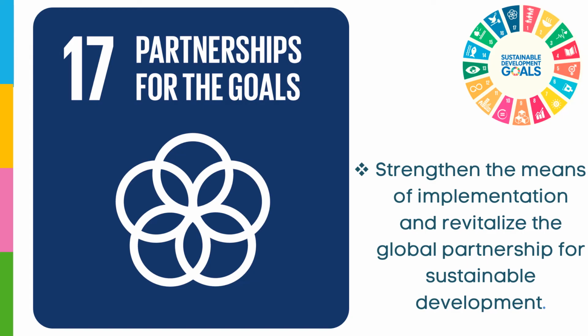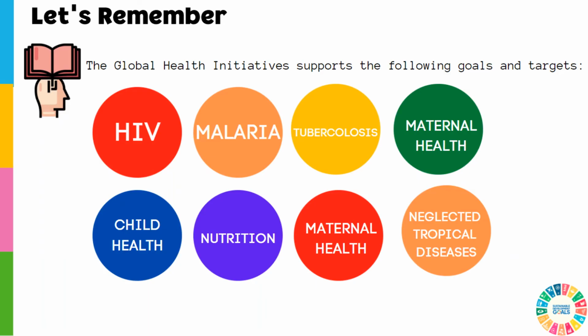SDG 17, Partnerships for the Goals. Target is to strengthen the means of implementation and revitalize the global partnership for sustainable development. Those are our 17 SDGs or Sustainable Development Goals.